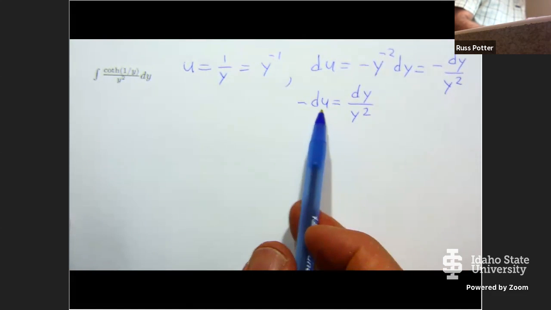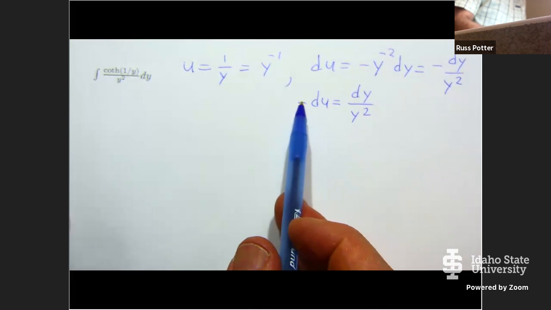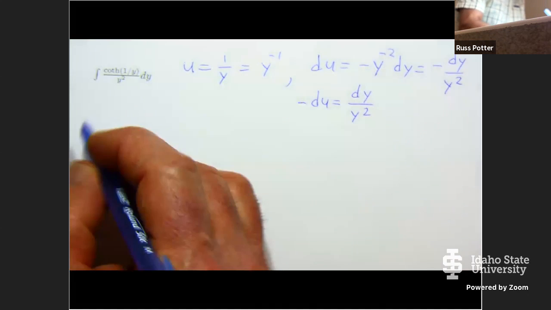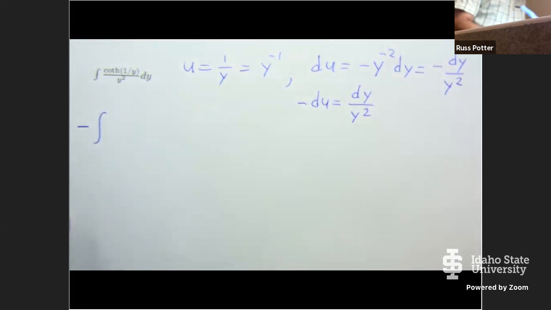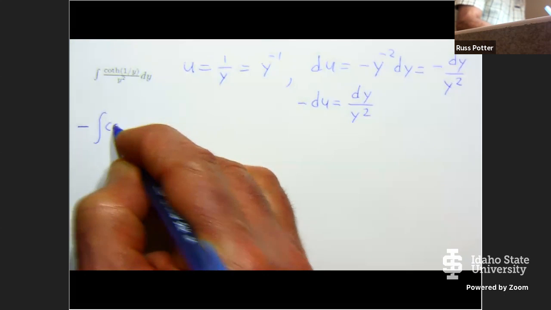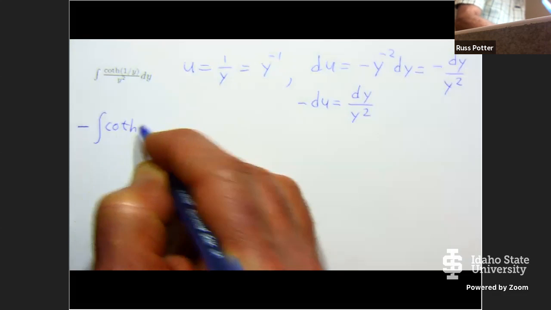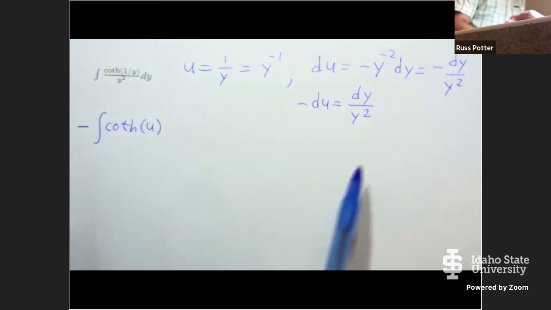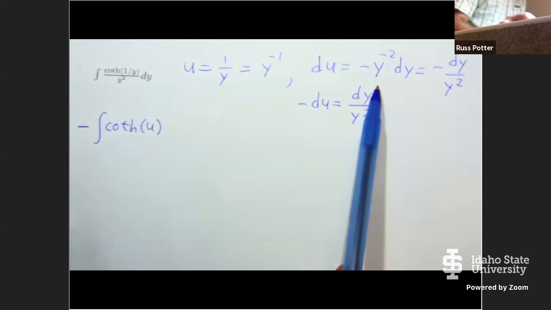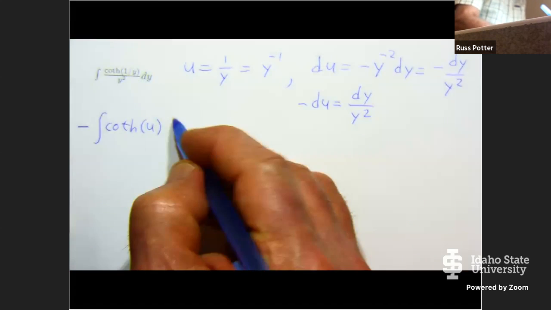Okay, so when we make our substitutions, we have to include the factor of negative 1. So I'll put the negative out front. And we have hyperbolic cotangent of u, and then dy over y squared is negative du.